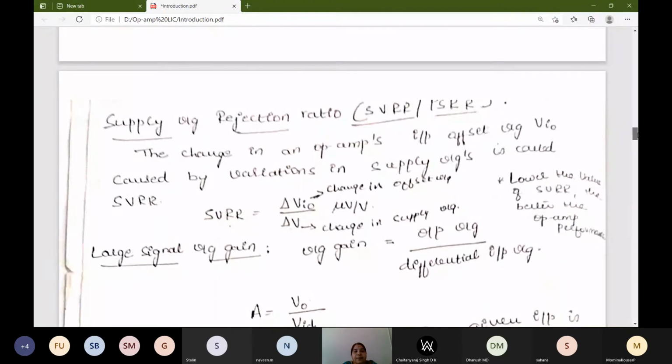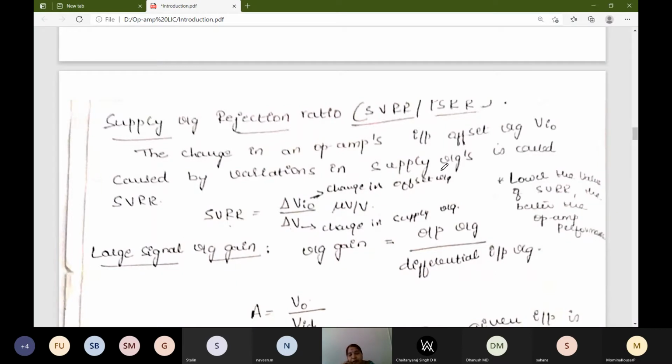Next we have PSRR or SVRR, power supply rejection ratio or supply voltage rejection ratio. This is also one of the characteristics. SVRR is delta VIO divided by delta V: the change in an op-amp's input offset voltage, VIO, caused by variations in supply voltages.